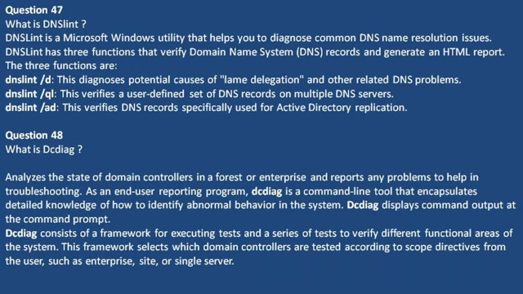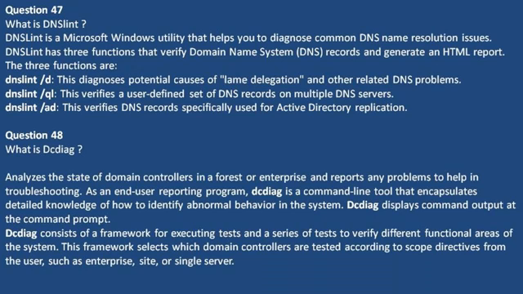Question number 48. What is DCDiag? It analyzes the state of domain controllers in a forest or enterprise and reports any problems to help in troubleshooting. As an end-user reporting program, DCDiag is a command line tool that encapsulates detailed knowledge of how to identify abnormal behavior in the system.